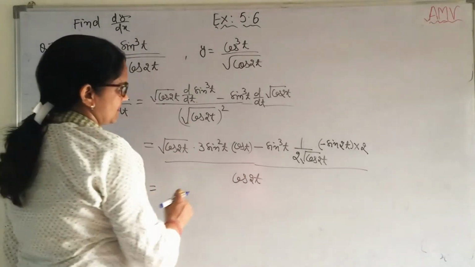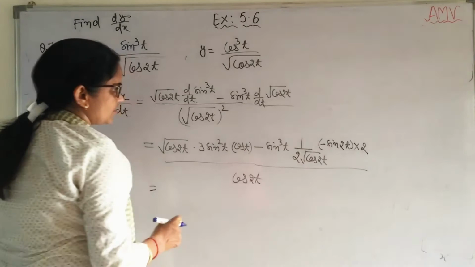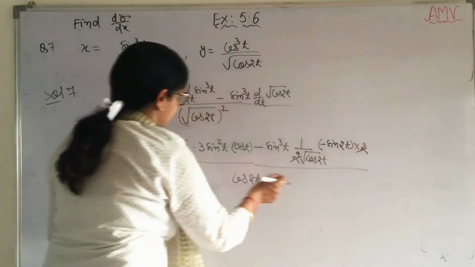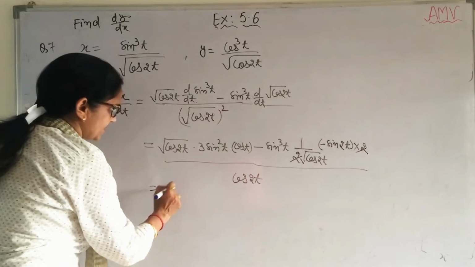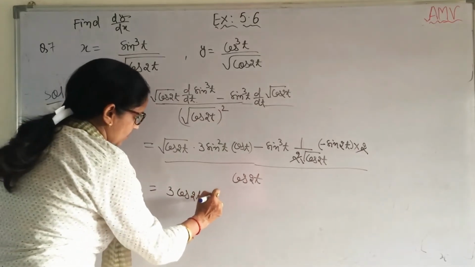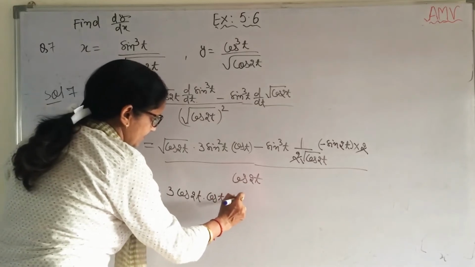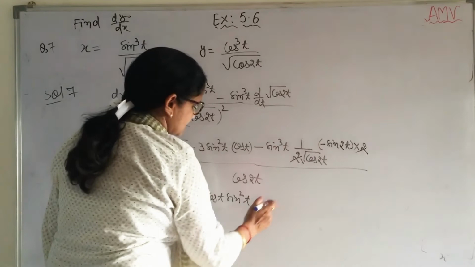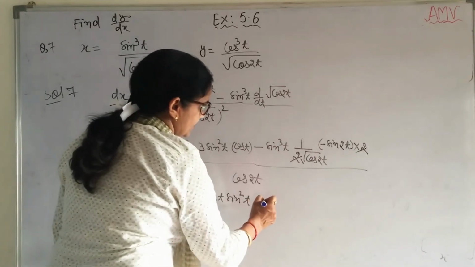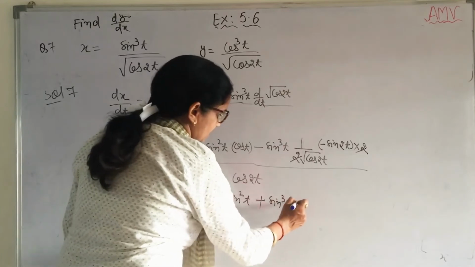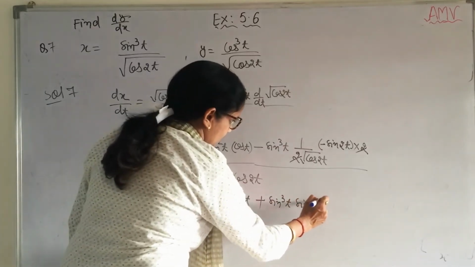Now here under root cos 2t is the LCM. Okay, 2 will cancel, you will get 3 cos 2t cos t, and here it is sin square t, then minus minus plus, and here it is sin cube t and sin 2t.